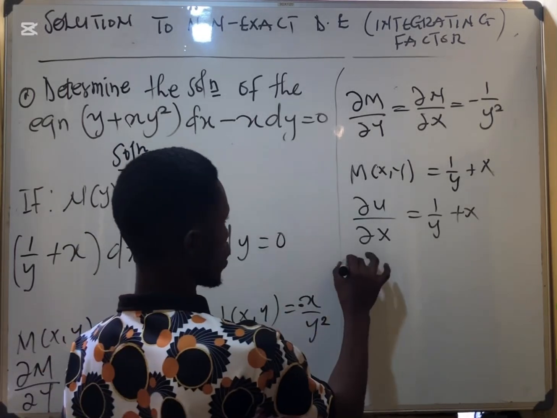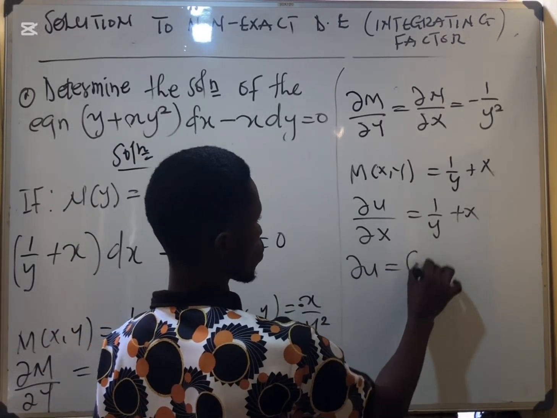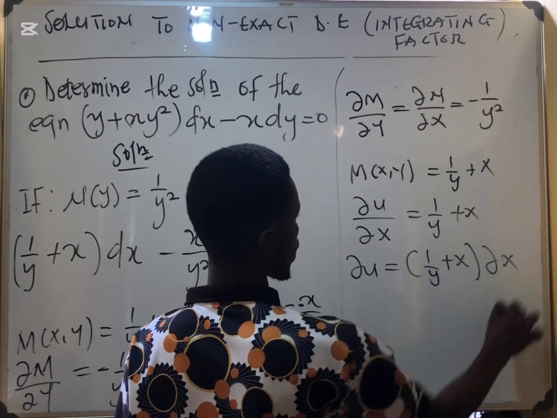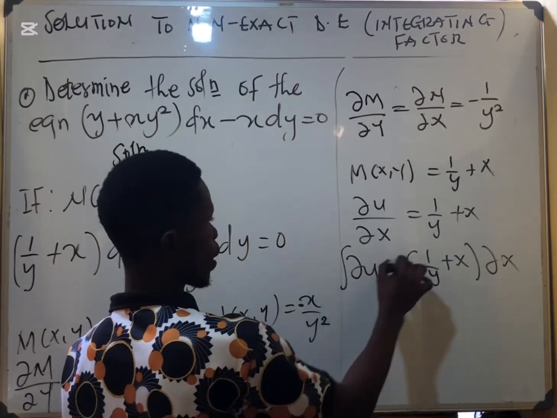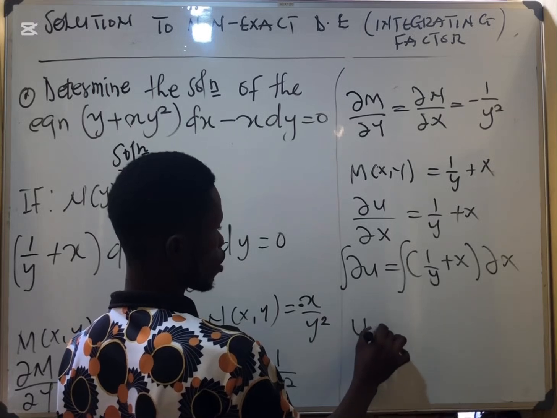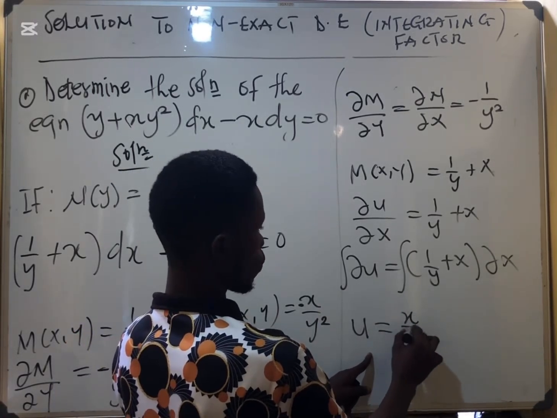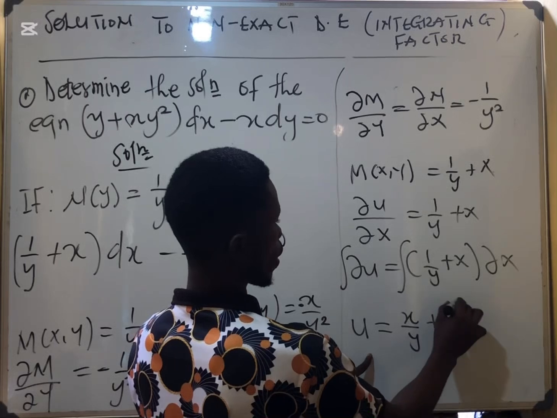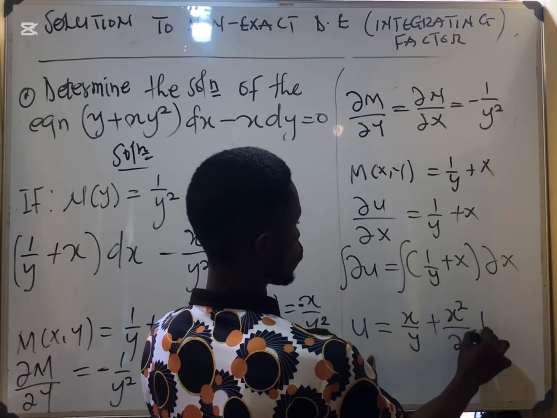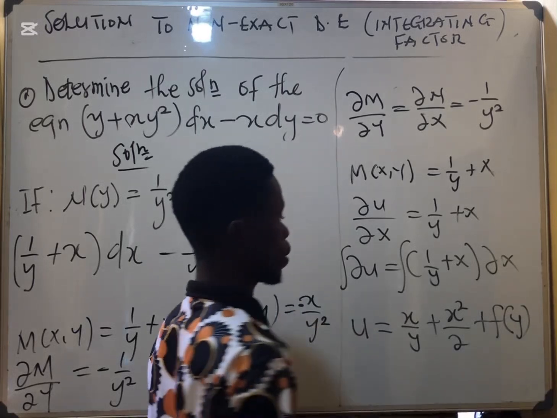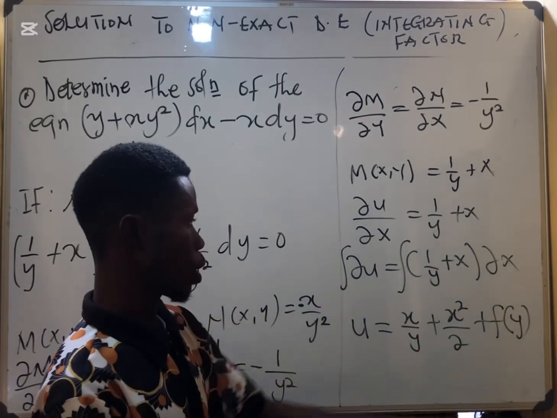So this becomes delta u equals 1 over y plus x delta x. So I take the integral on both sides, so that I have my u equal to x over y plus x squared over 2 plus, if you remember, a function of the other variable.